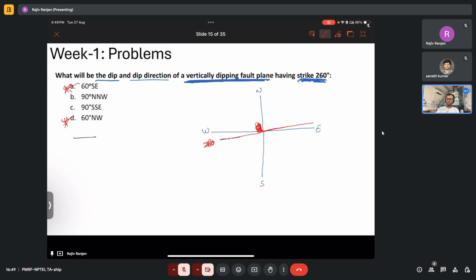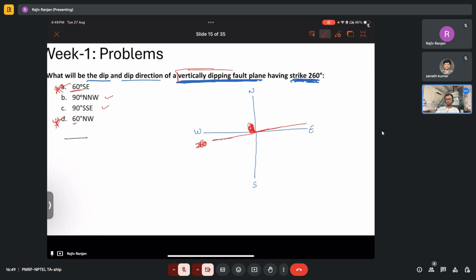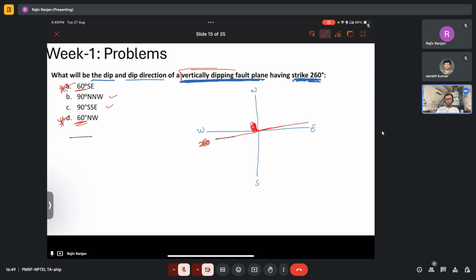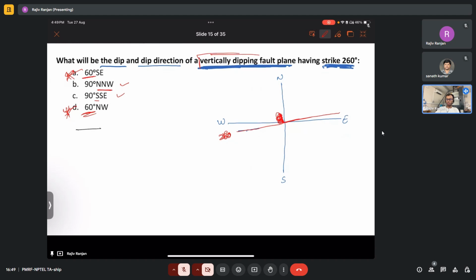Because it's vertically dipping, it's either option B or option C, because 60 degree is not the correct option. It will be 90 degree because it's vertically dipping. Now the question comes whether it is northwest or southeast. Here comes the role of the right hand rule.